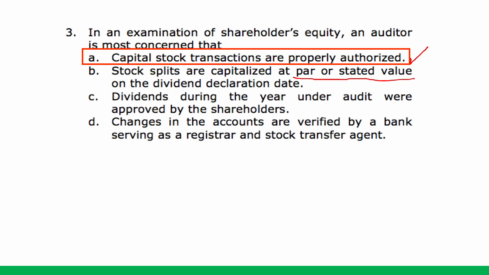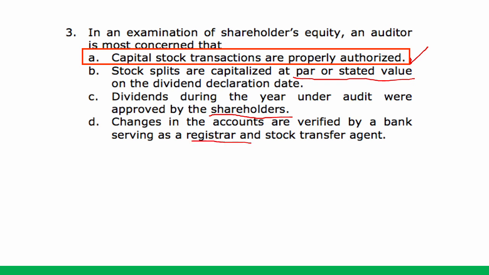Yung letter C naman, dividends during the year under audit were approved by the shareholder. Why is this incorrect? Kasi it's not the shareholders who approve dividends. Who approves the dividends? The board of directors. Next, letter D. Changes in the accounts are verified by a bank serving as a registrar and stock transfer agent.